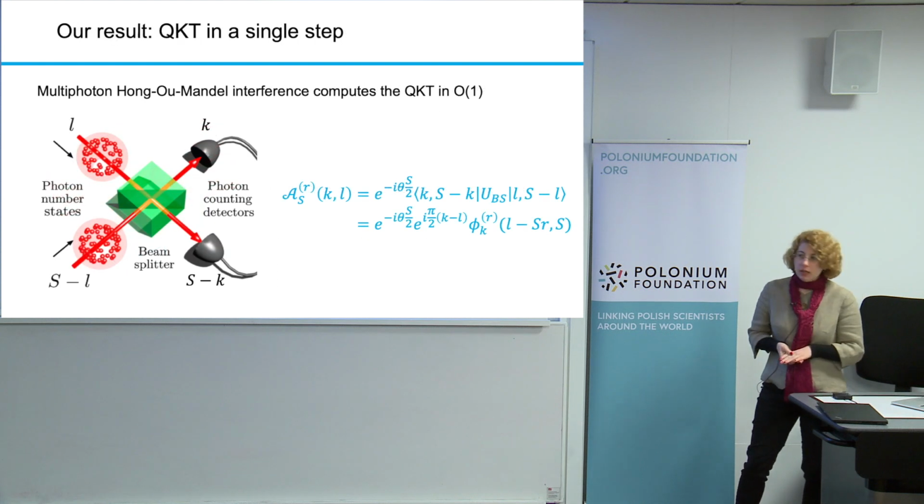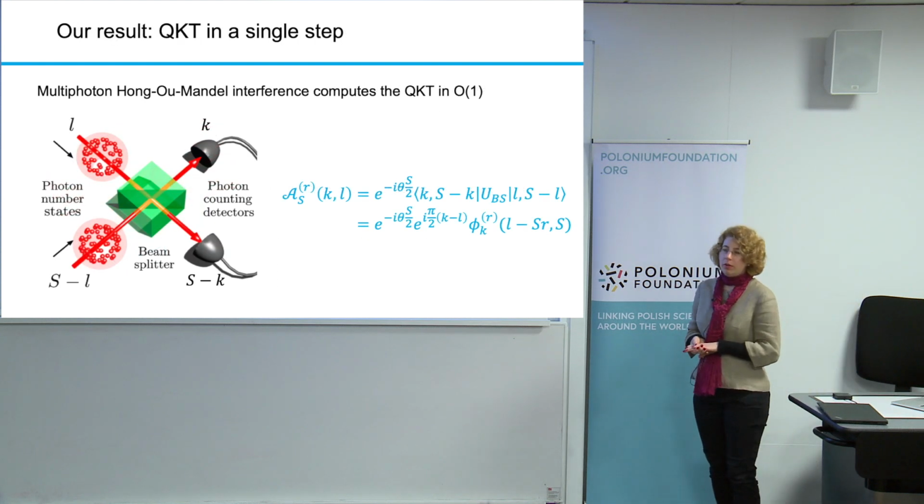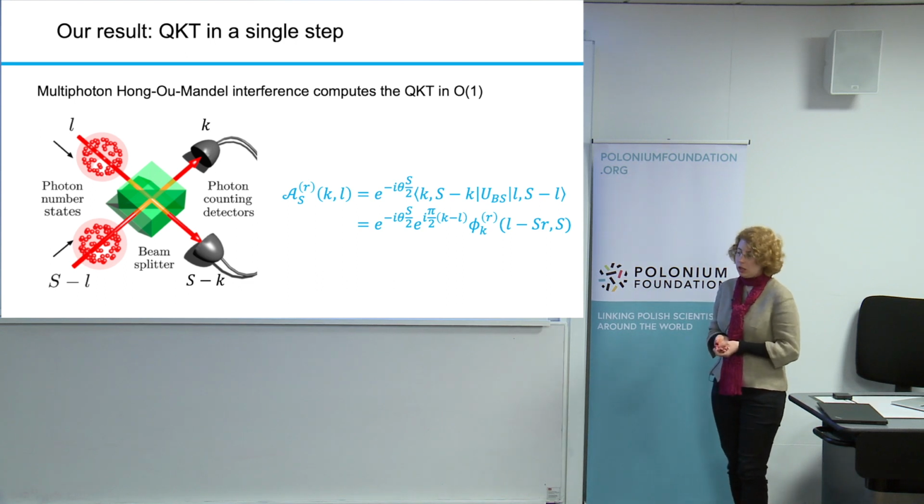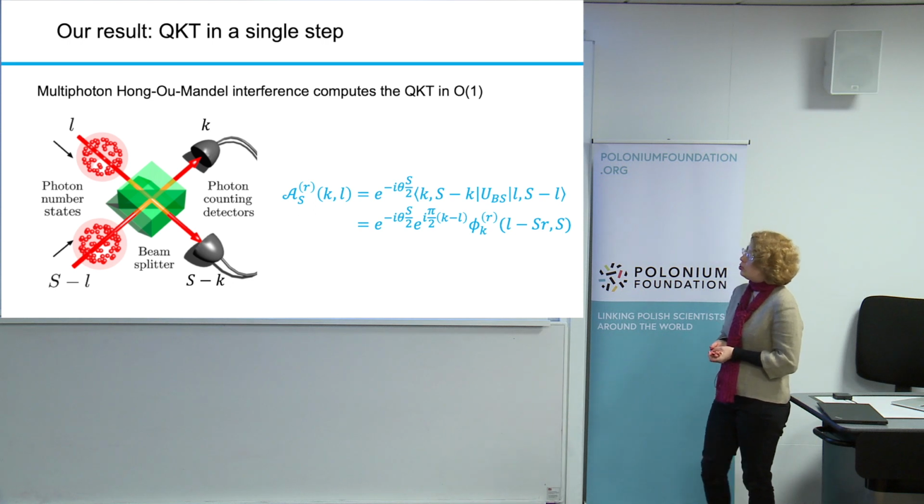And the result we have achieved, in collaboration with a group of Professor Ian Walmsley, then established at Oxford University and at the moment based at Imperial College, was to show that you can compute this transform using this simple setup here.